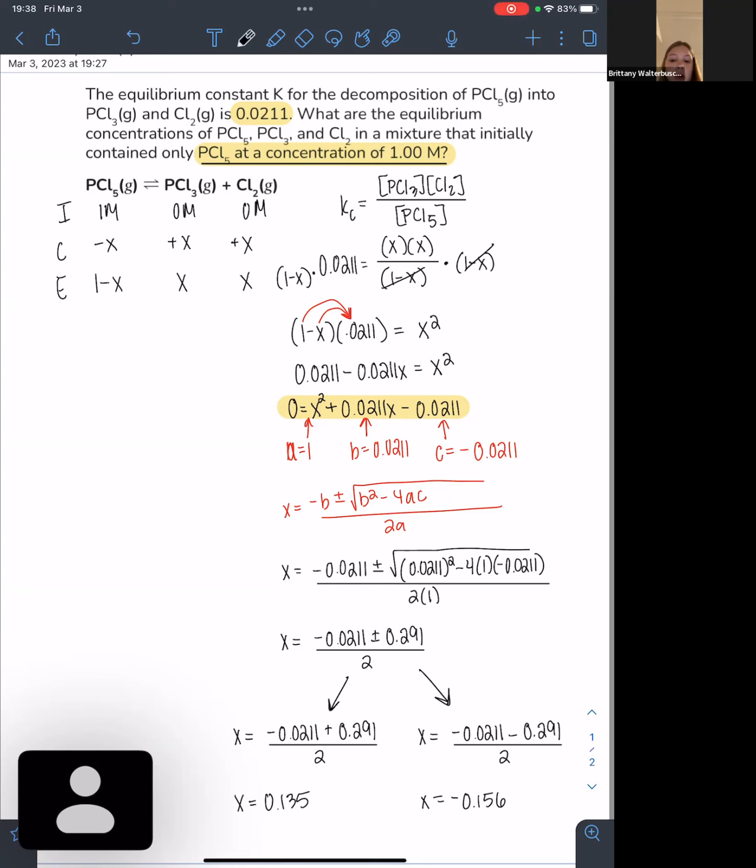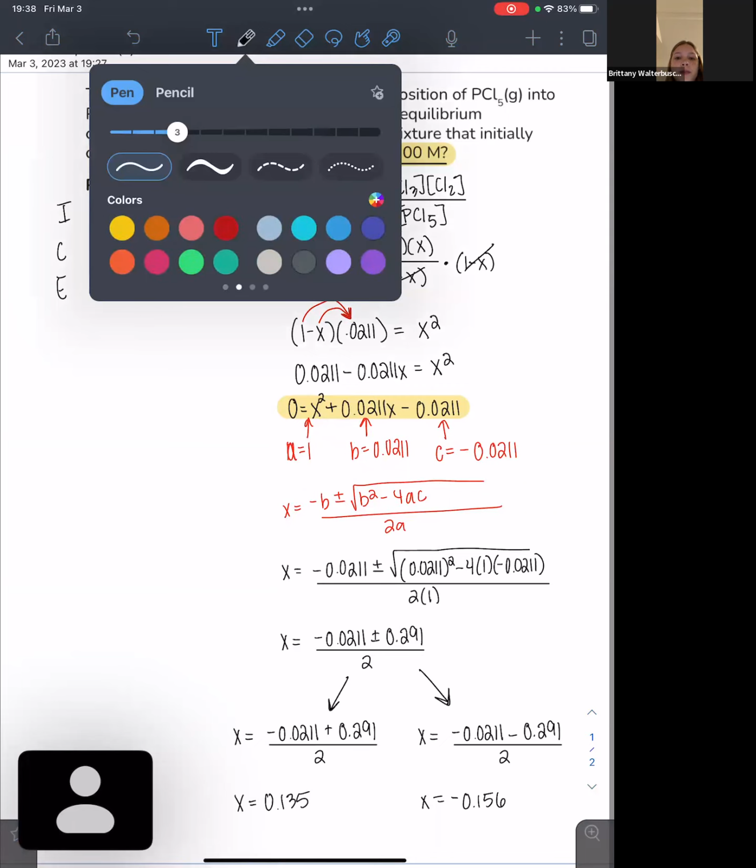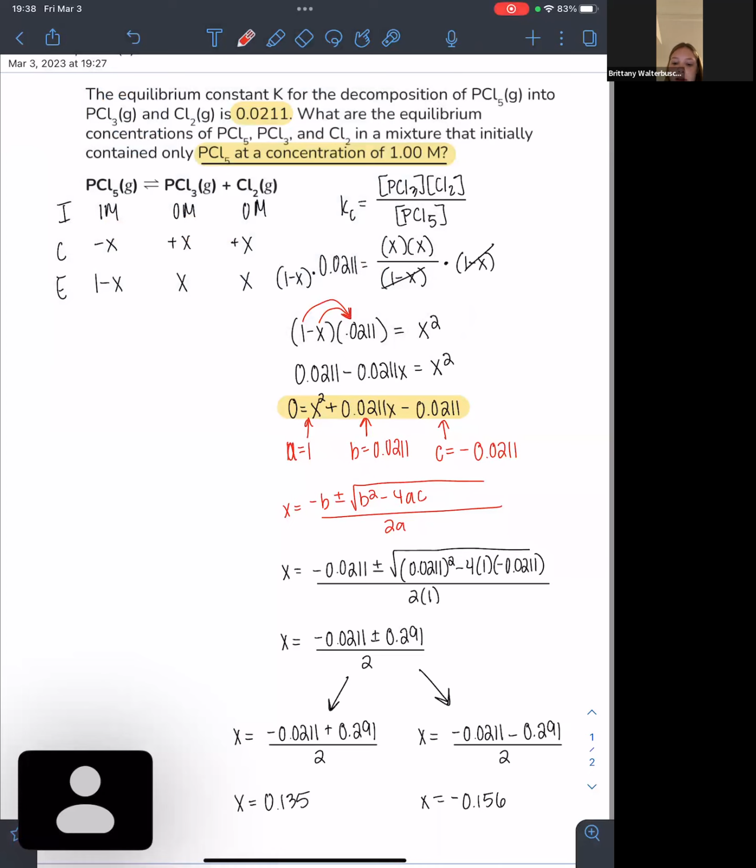But which one are we going to choose? This negative value on the right is not possible because it is negative. We can't have a negative concentration of anything, because that's like saying I have negative 3 cotton balls or something. It's just not a thing. So we know that can't be our concentration.